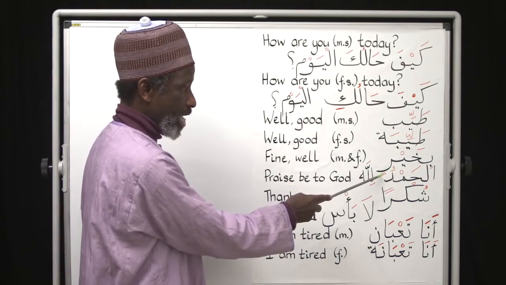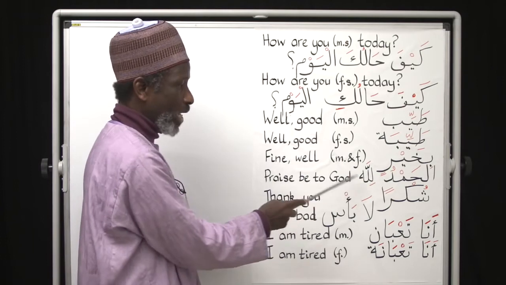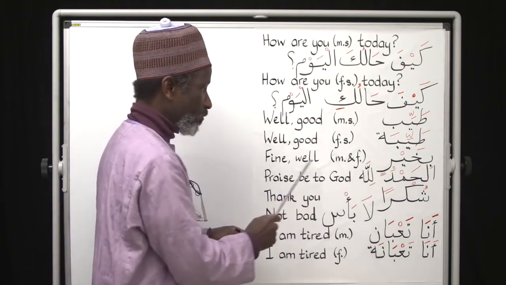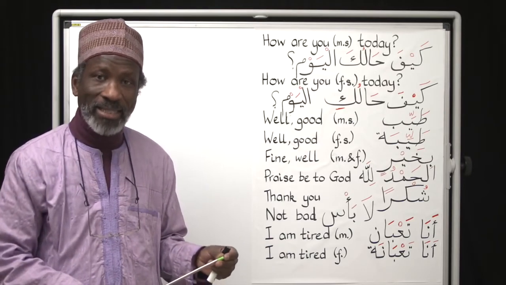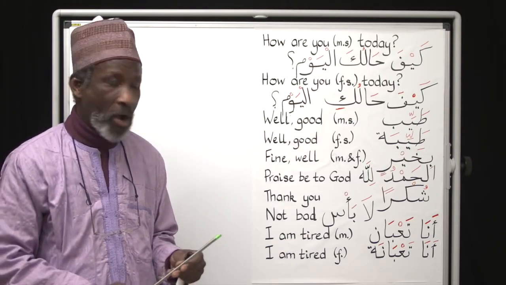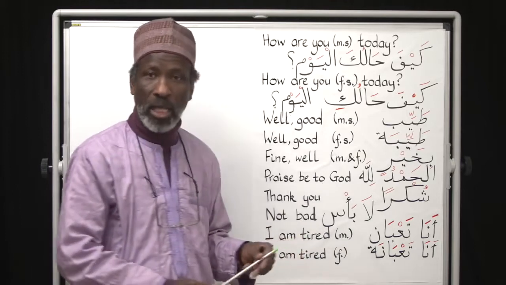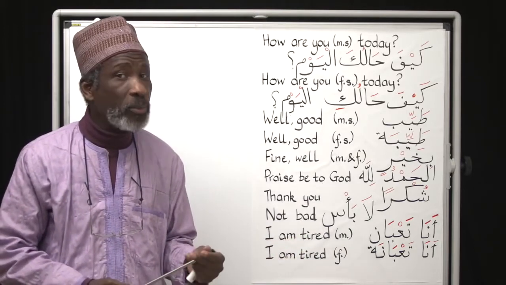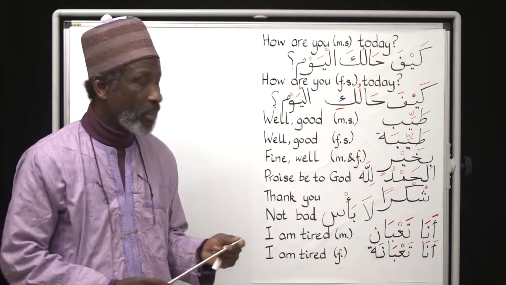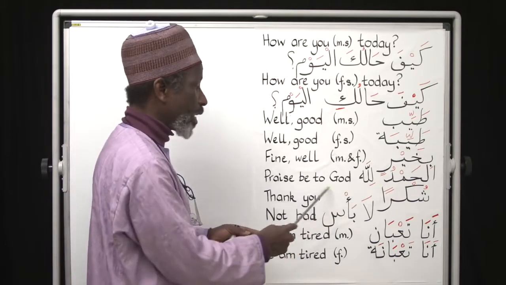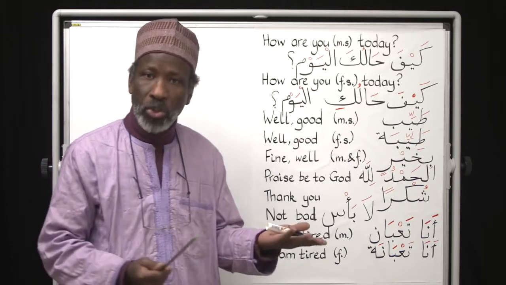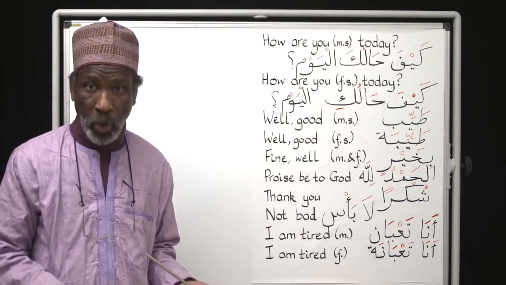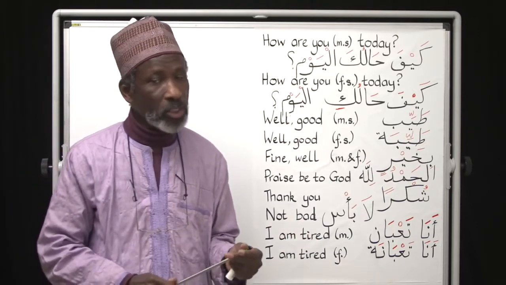بخير. الحمد لله. بخير, fine, well, in good, with goodness, I'm fine. That is very neutral. A male will say بخير, and a female will say the same thing, بخير. الحمد لله, praise be to God. شكرا. A male will say شكرا, and a female also will say شكرا.